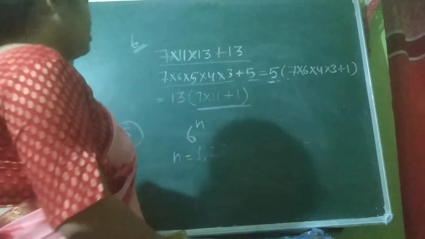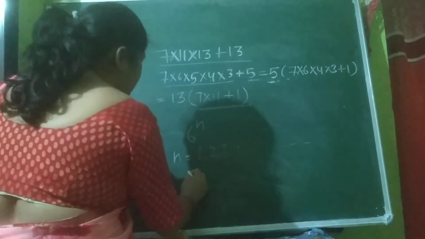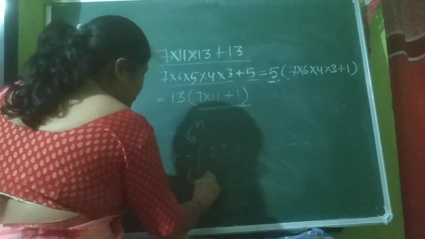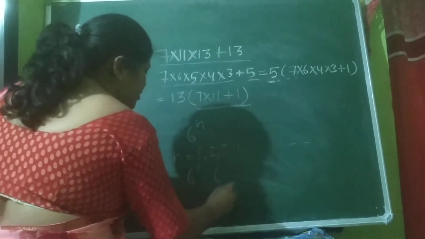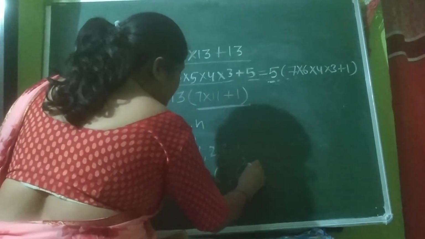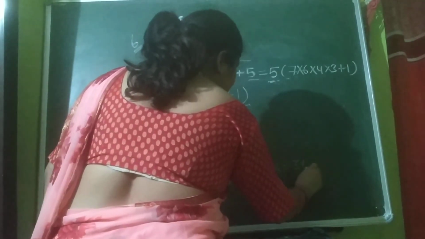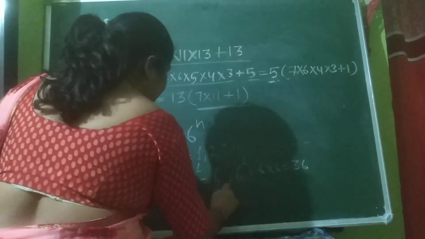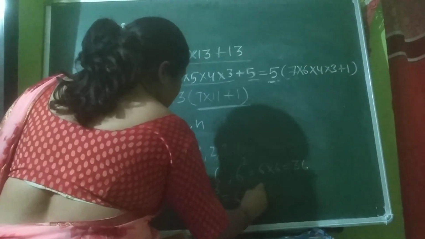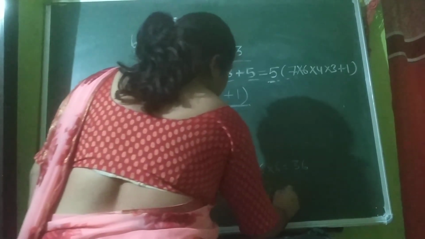So let's check it. First we take n equal to 1. 6 to the power 1 means 6. The second one, 6 to the power 2 means 6 into 6, which is 36. 6 to the power 3 is 6 into 6 into 6, which is 216, and so on.